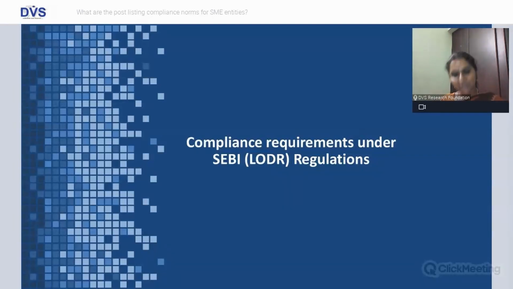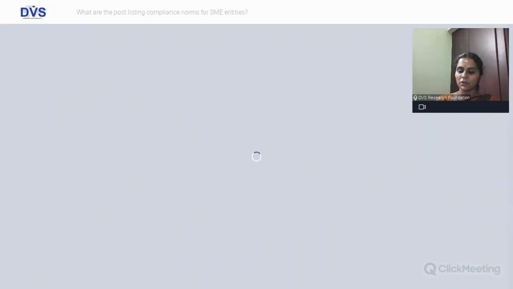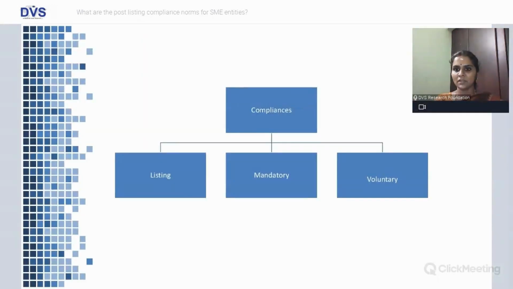Also your financial results under Regulation 33, you may have to do quarterly financial results under main board, but for SME, since they are given a lot of privileges and exemption, they could do half-yearly financial results in lieu of quarterly. That is the only leeway available to them. And over and above that, we are going to see what are the voluntary compliances which they may do.